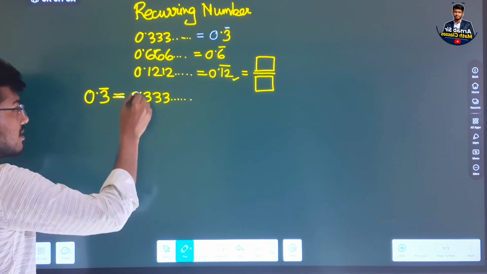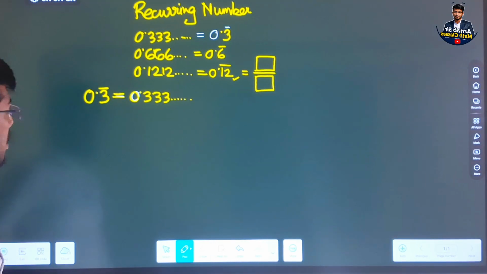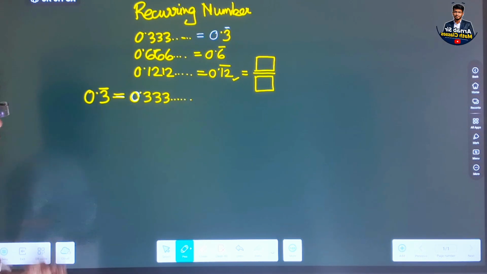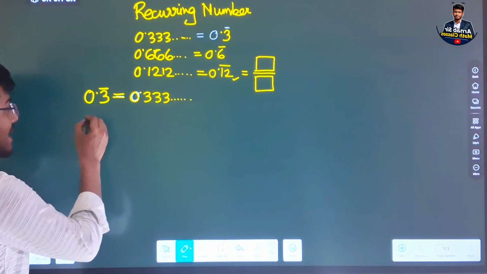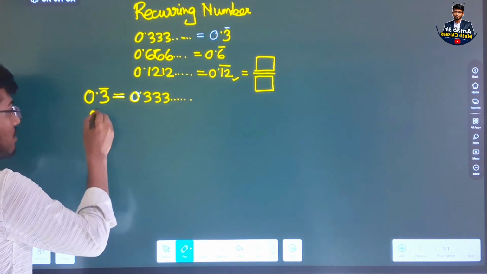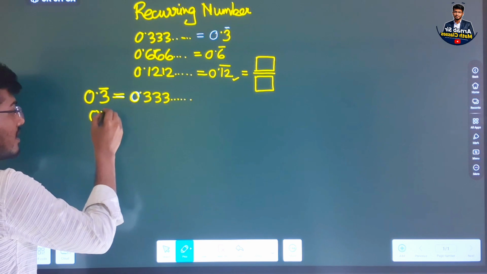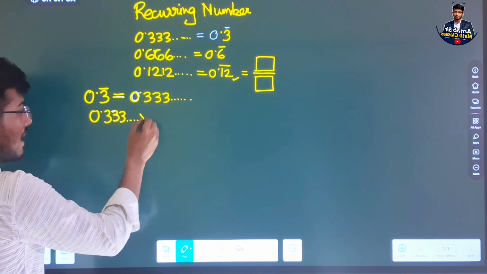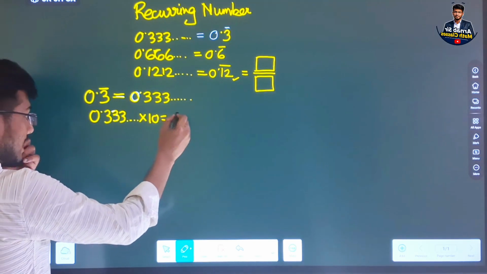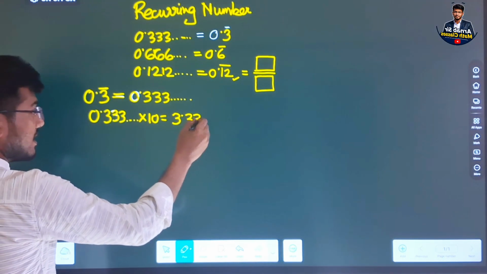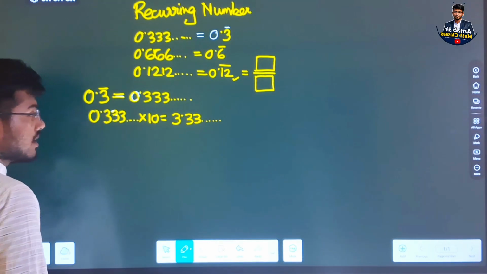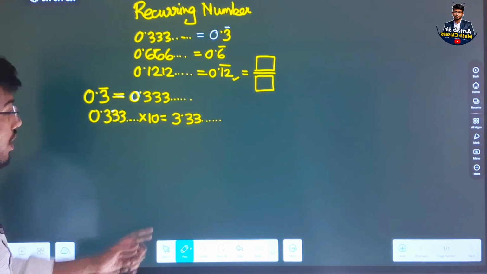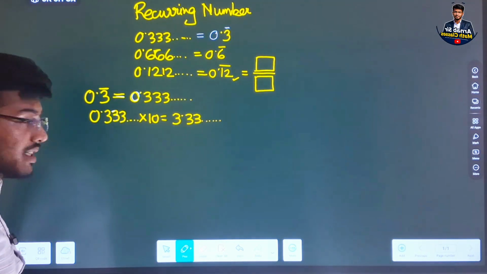Next, to transform this recurring number into a fraction, at first we multiply this number by 10. 0.333 multiplied by 10, what is the answer? The answer is 3.3333, an infinite number of the same digits.